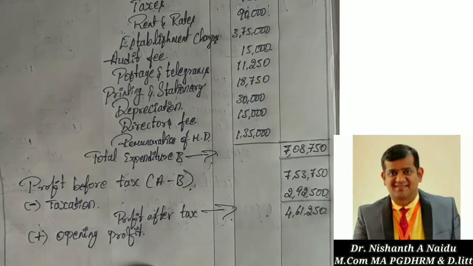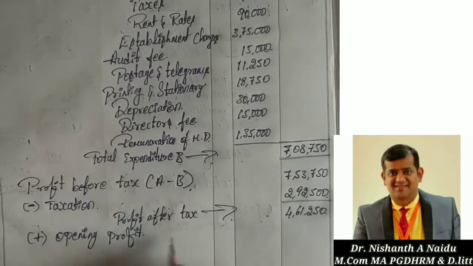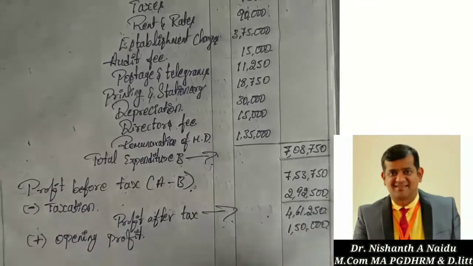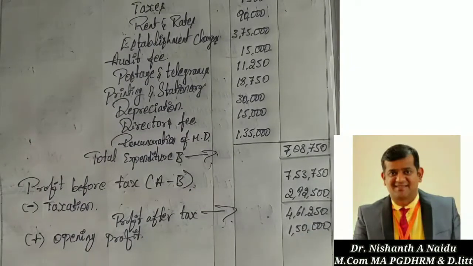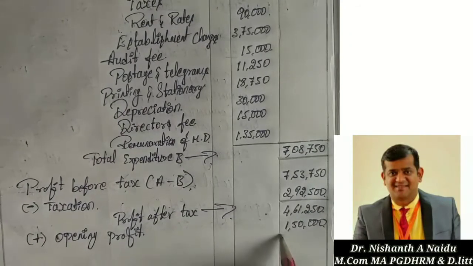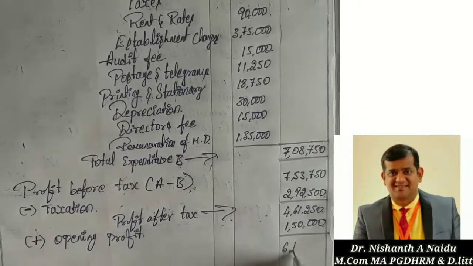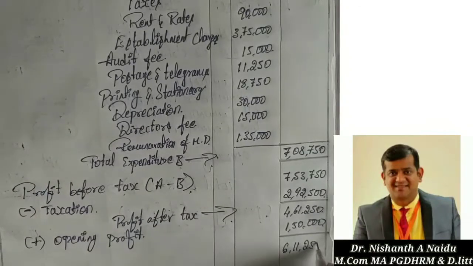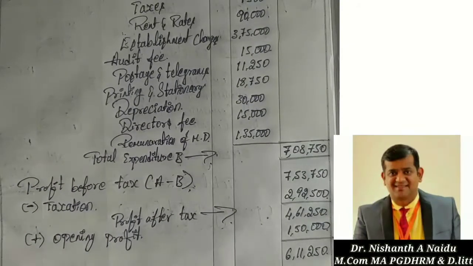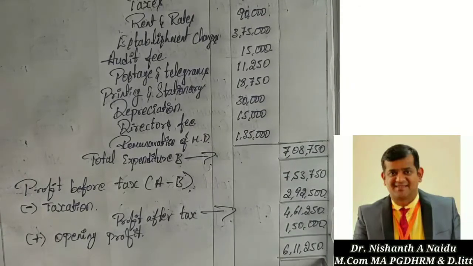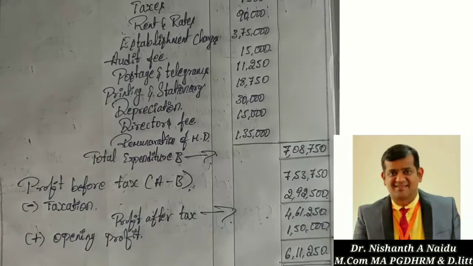So that is 1,50,000 rupees, which we need to add. So now add these two: 4,61,250 plus 1,50,000 rupees, that is 6,11,250. Okay, so we are done with the P&L account.